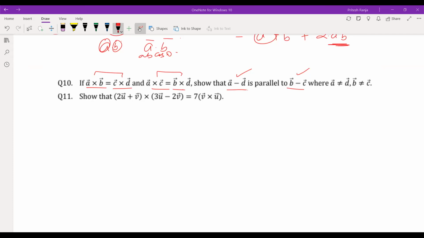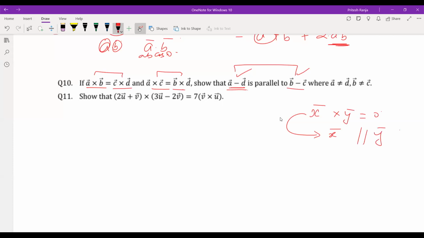So the cross product of a minus d, it is saying that you have to show that this is parallel to this one. So to show that this is parallel to this one, the cross product should come out to be 0. Let us suppose I want to prove that x cross y is 0. So can I say that x vector is parallel to y vector?